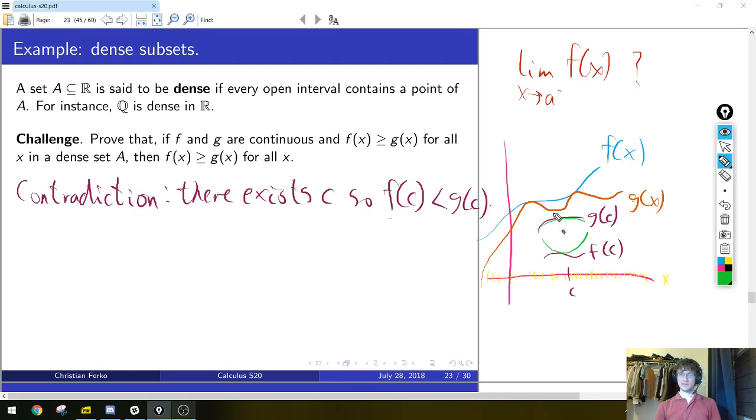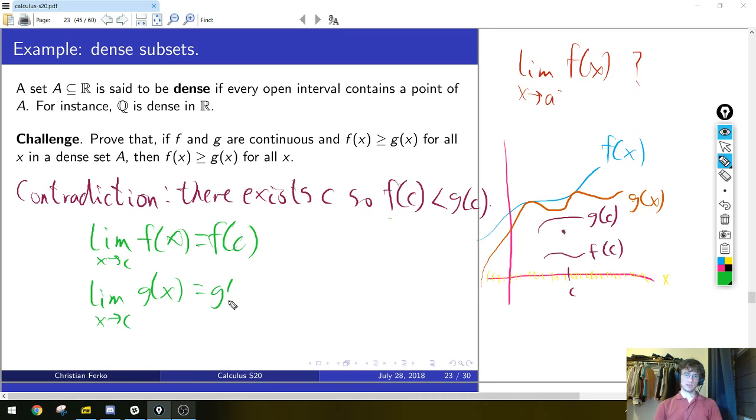Yeah. The way to show that explicitly is to use that continuity. So again, this is that choice of epsilon bar stuff. We know that the limit as x approaches c of f of x equals f of c, and the limit as x approaches c of g of x equals g of c.